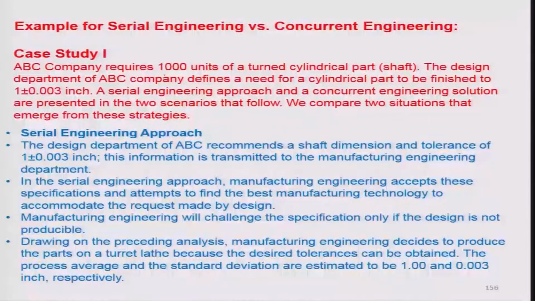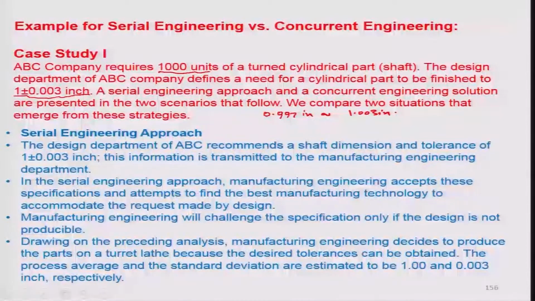So, there is this company which requires about 1000 units of a turned cylindrical part, and the design department suggests the need for a cylindrical part to be finished up to an extent of 1 plus minus 0.003 inches, meaning thereby that the specifications which would be there start from 0.997 inches to about 1.003 inches. Okay.